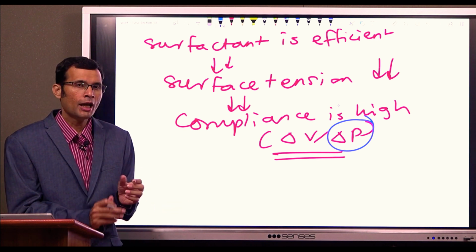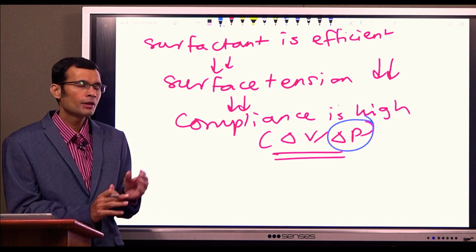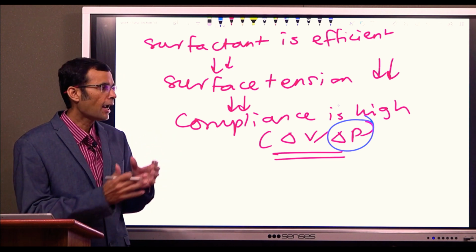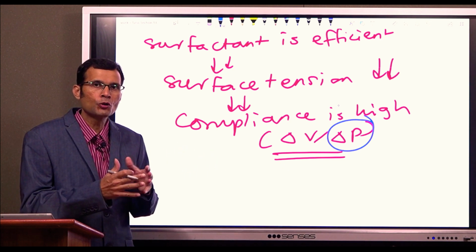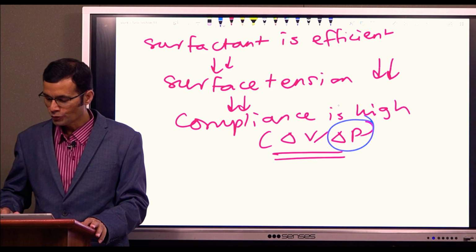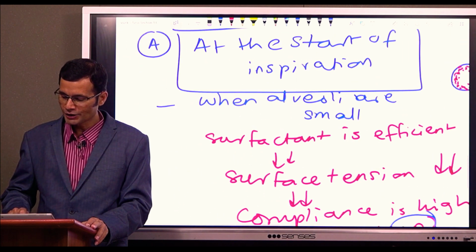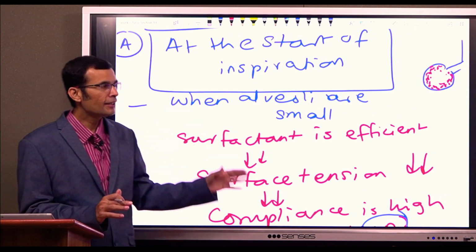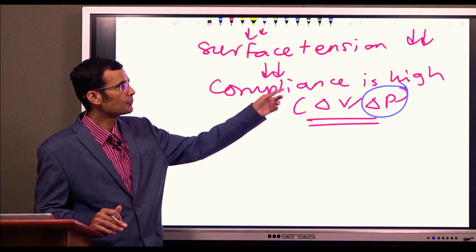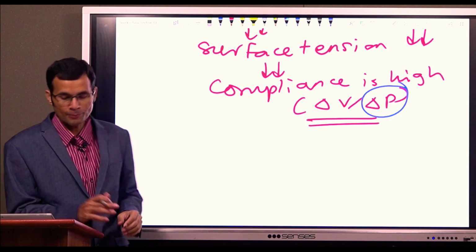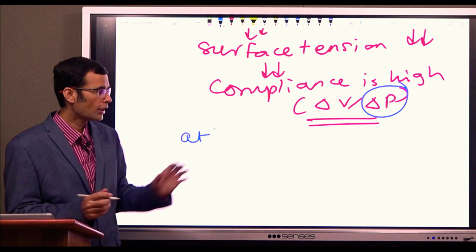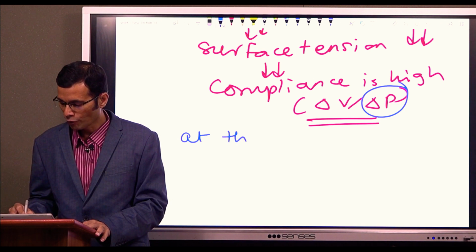So, just at the start of inspiration, a small change of pressure around the lung and the lungs would distend with a good volume of air. So, remember, at the start of inspiration, the compliance is high because the surface tension is low, and that's because surfactant molecules are concentrated. This is said to be at the lower lung volumes.